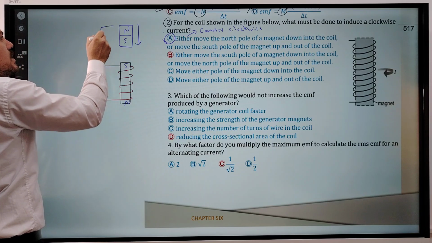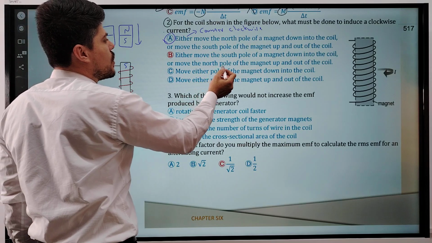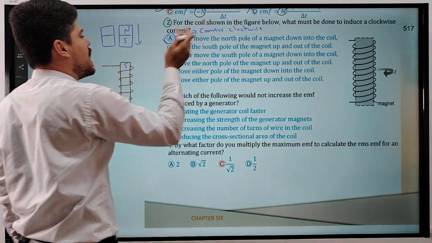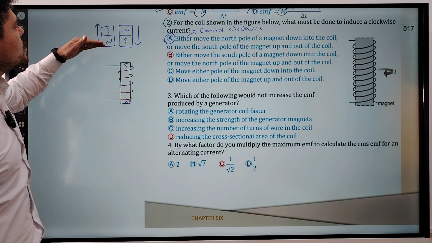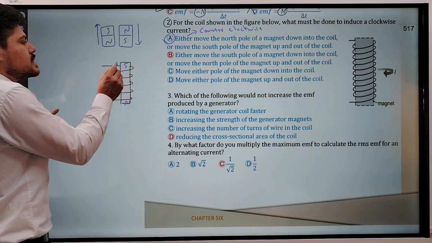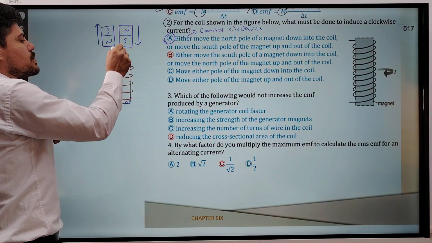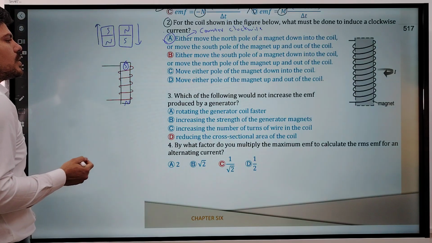The same thing in the case when we move the north pole of the magnet up and out of the coil. In the case when the north pole moves away from the coil, this end also becomes south. So when does this end become south? In the case of an approaching south pole, or in the case of moving away the north pole.